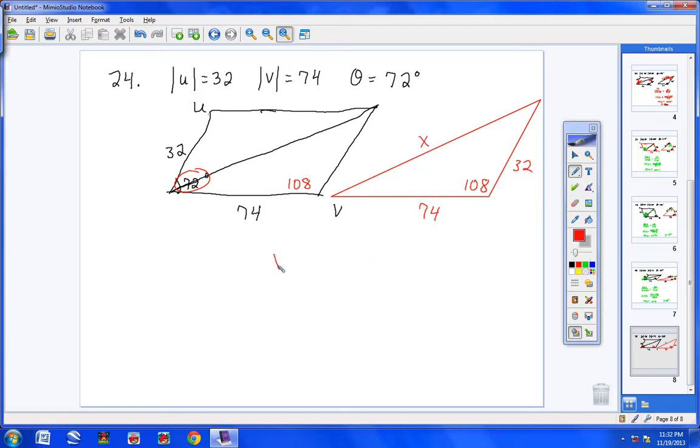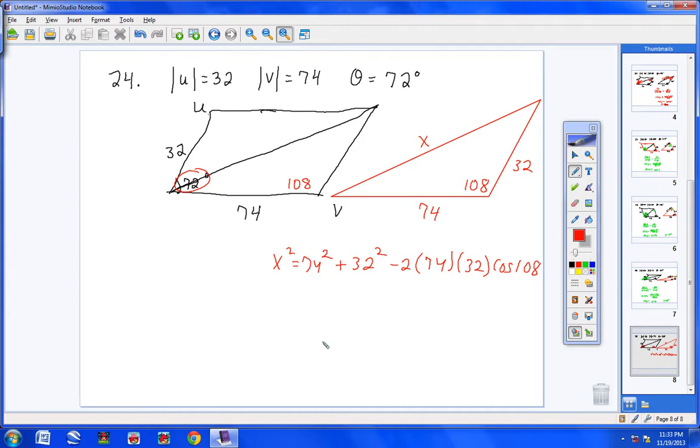So quickly using law of cosines, x squared equals 74 squared plus 32 squared minus 2 times 74 times 32 times cosine of 108. And so here we go. Let's see what we got. 74 squared plus 32 squared minus 2 times 74 times 32 times cosine of 108.